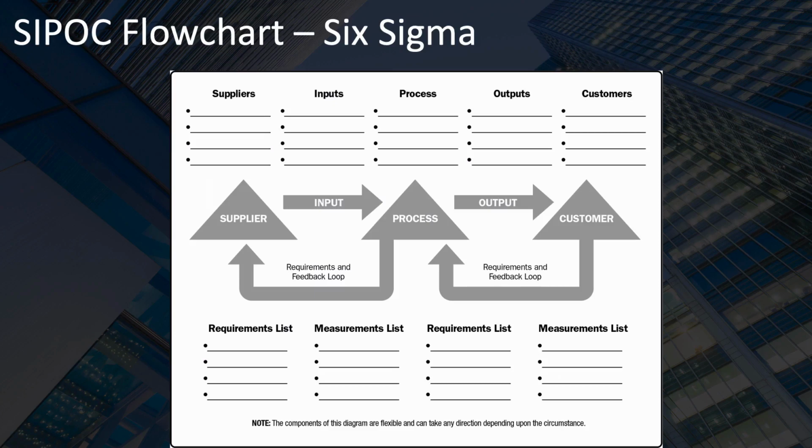This flowchart identifies the different suppliers, what their inputs are to the process, different process steps, what the outputs are, and who the customers are, and along the way identifies the requirements and measurements needed or used during this process. Similar in some ways to a context diagram, the SIPOC flowchart can help you to see the big picture, and from here you can drill down and create a more detailed value chain.